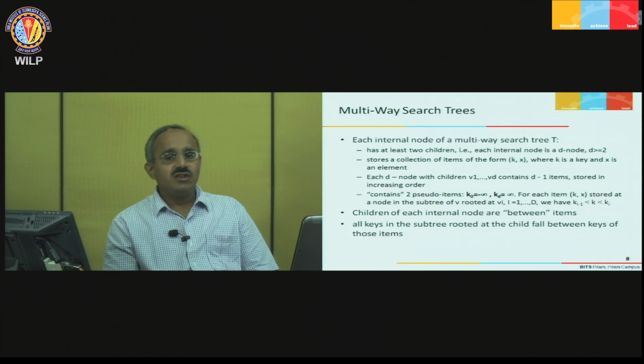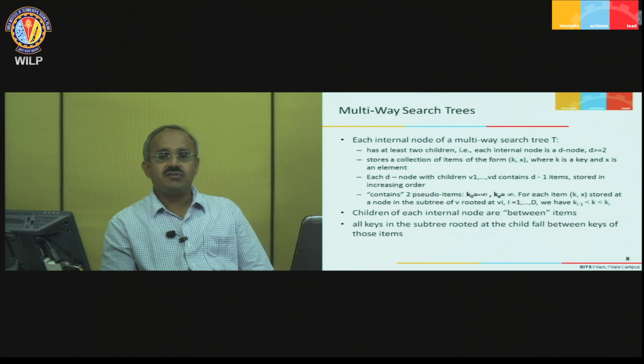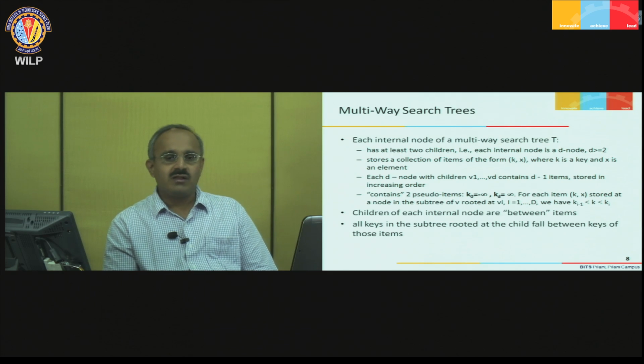So, each internal node of a multi-way search tree is going to have at least 2 children. In this case, we will say that our internal node is a D node, where D is bigger than or equal to 2. So, D represents the number of children an internal node is going to have.